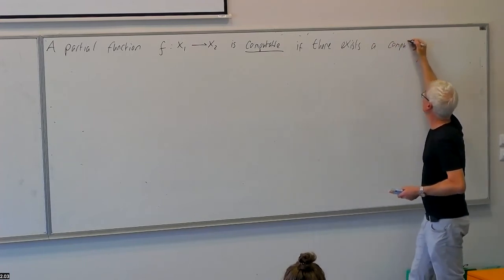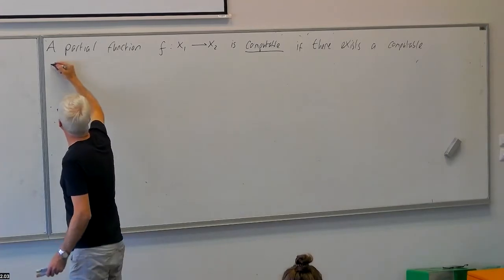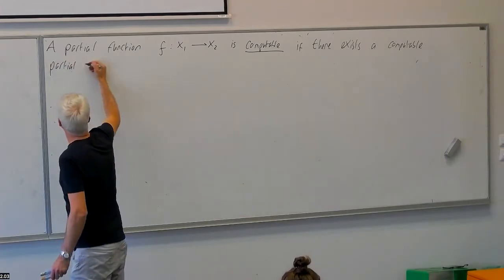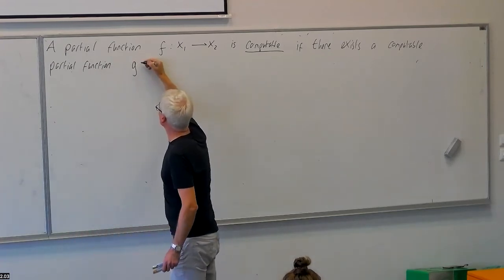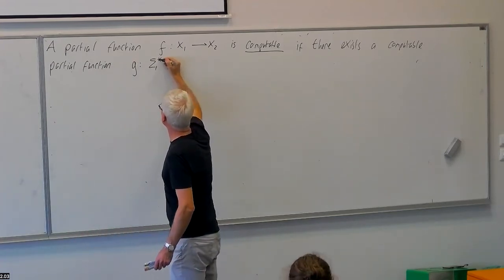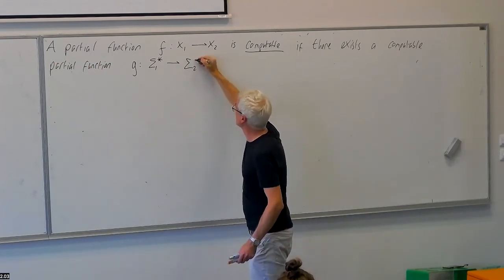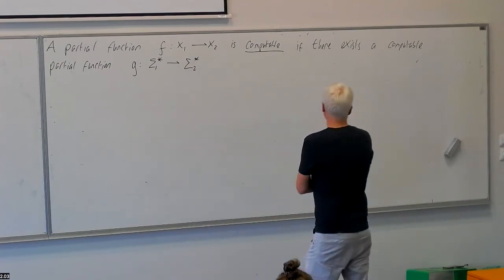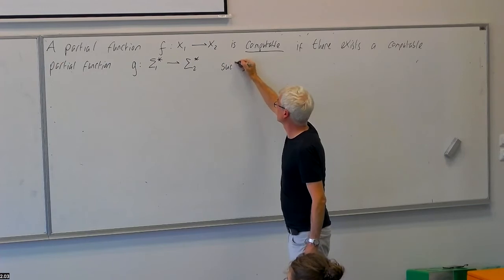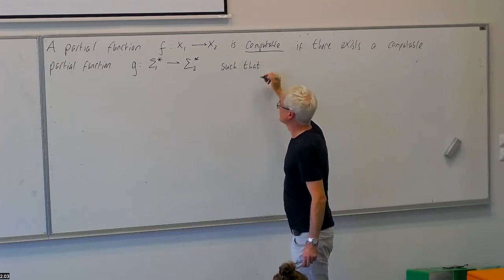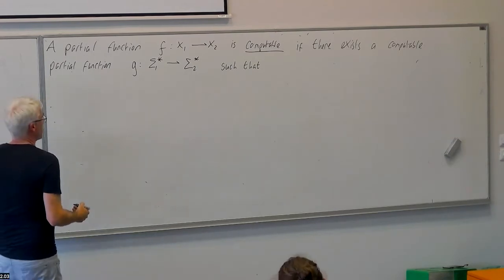computable partial function g on words of the relevant alphabets, so from words over sigma 1 to words over sigma 2, such that, so what do we want to say now?